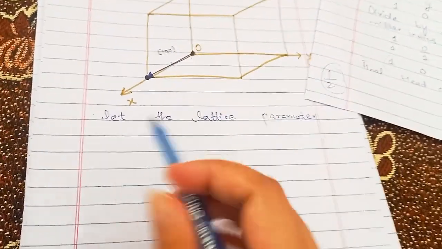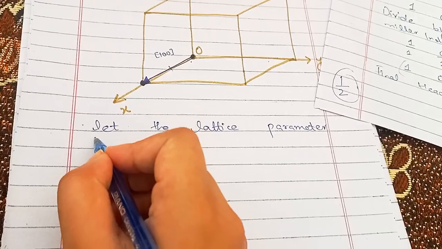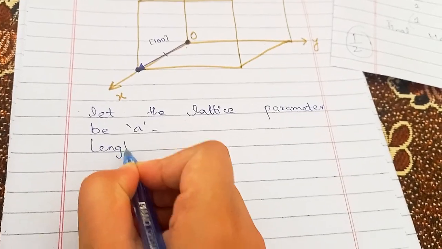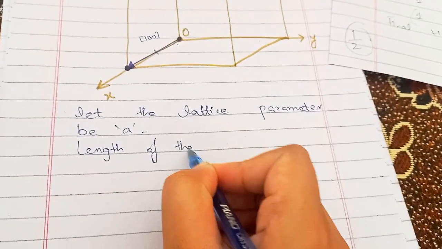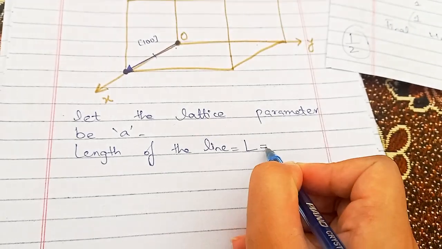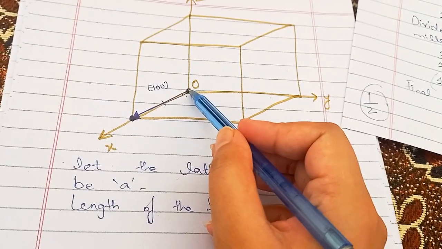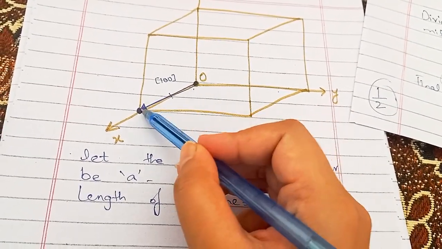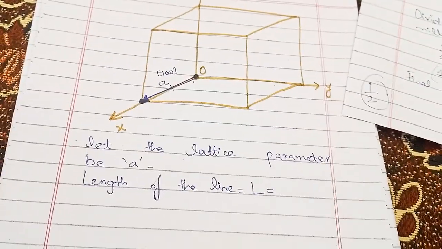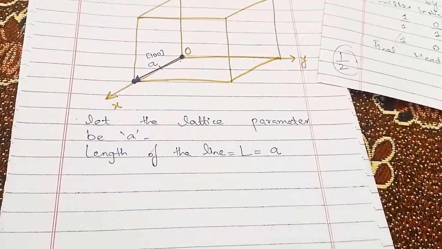Let the lattice parameter be a. Now what is the length of the line here? That is capital L, and the length of the line is simply a. You can see from one corner to the other corner, this is actually the direction, and it's simply a.